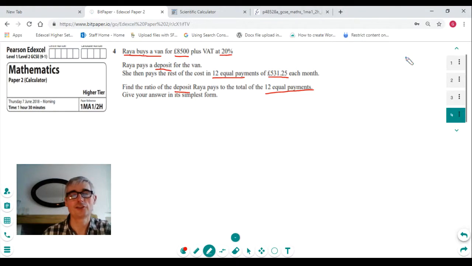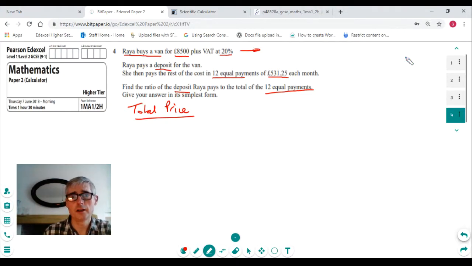going to make. So the first thing to do is to find the total price, because it's not the 8,500, it's 8,500 with 20% on top. So what we can do is total price. Because we're on a calculator paper, we want to use a calculator method for this, and the easiest way is to find the multiplier.